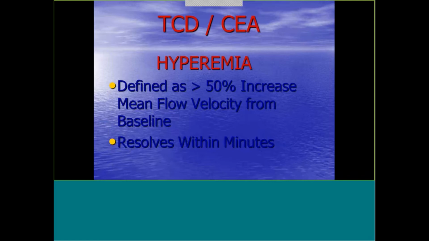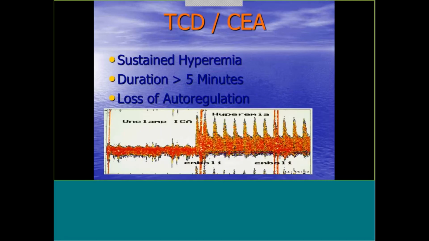Hyperemia normally resolves within minutes. It does not sustain. I'm going to say within a minute is what it normally resolves, but the literature says within minutes, so we're talking 1 to 2 minutes. You should have flows back to what they were during the operation. Now, a sustained hyperemia can last greater than 5 minutes.